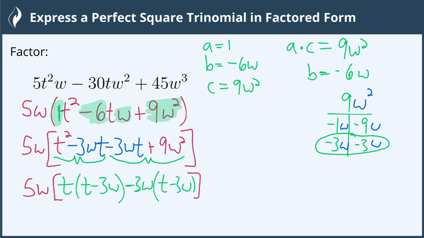inside the parentheses. Now, another thing that you'll notice here is that when we did that, we were left with two things that matched. So we have this t minus 3w happens twice. And we also have what's left over is this t and a minus 3w.